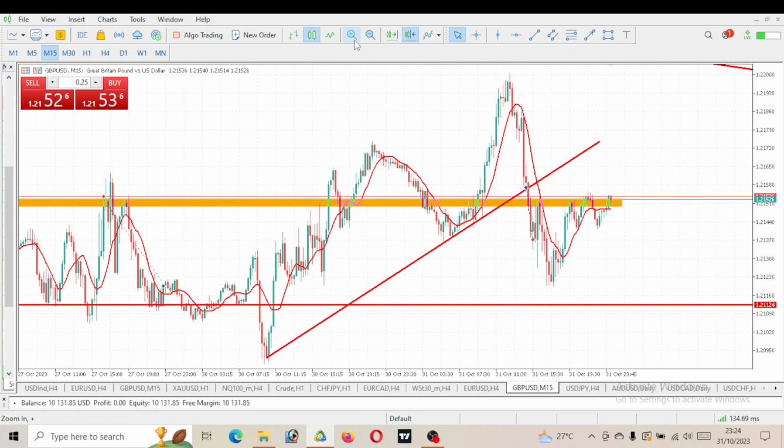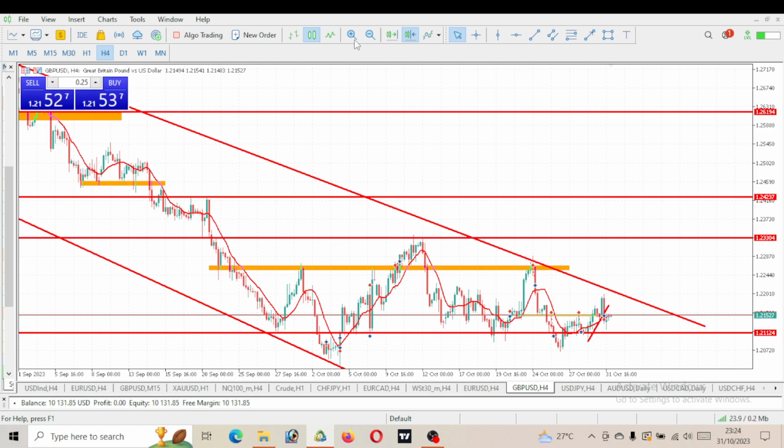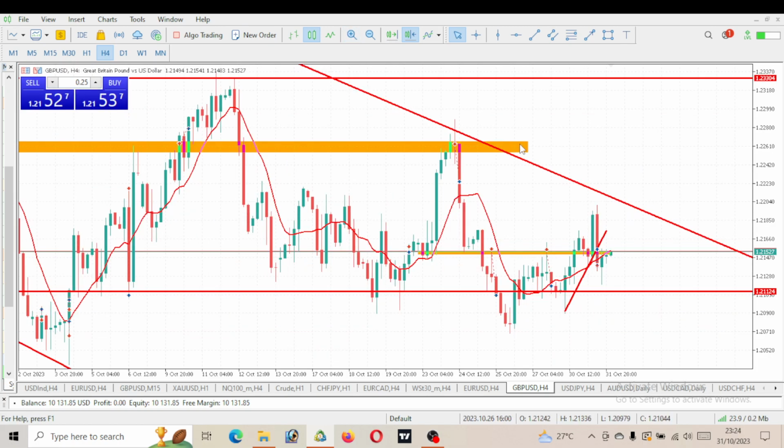Now, let's take a look at GBPUSD. I think right now the movement is a bit complicated, but let's see how it goes. Because, first of all, tomorrow, which is Wednesday, that we are doing this analysis for, will be the first day of the month, that is for November. So we all know that the first week of the month and the last week of the month, right? They kind of have this conflicting movement.